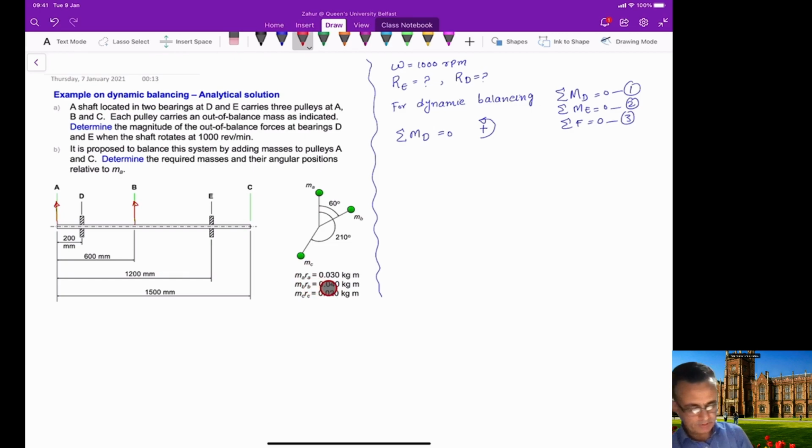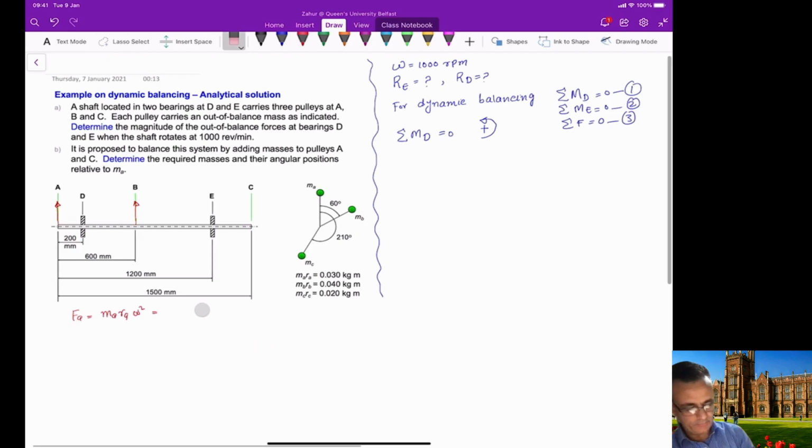So the first force, FA, is equal to MA RA omega square, and you can calculate this, which will be 329 Newton. Omega is given, which is 1000 RPM, and you will need to convert this into radian per second.